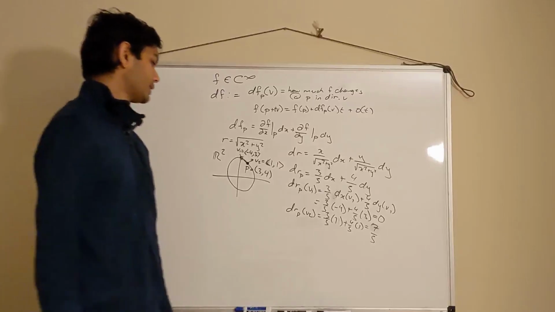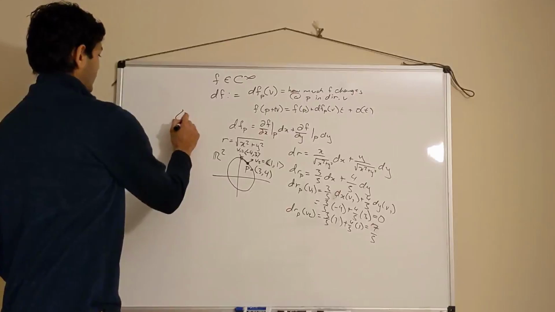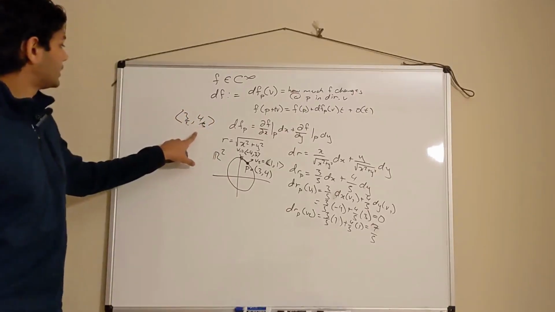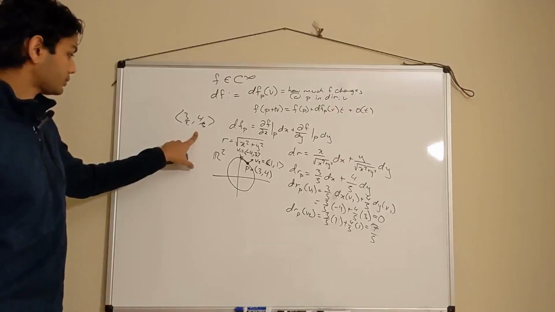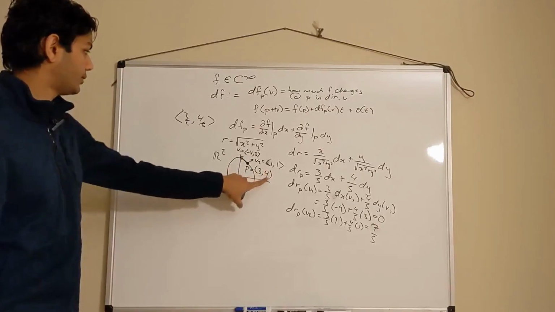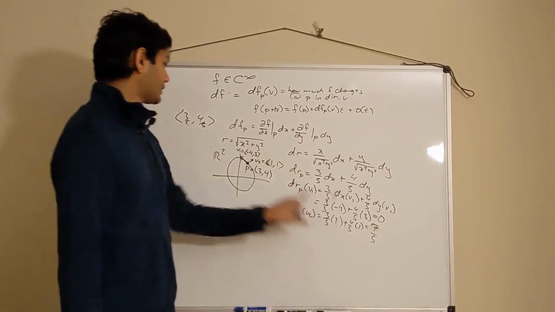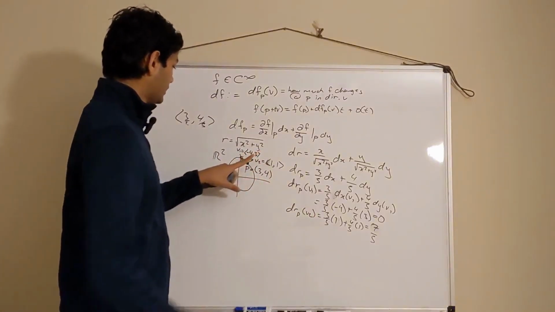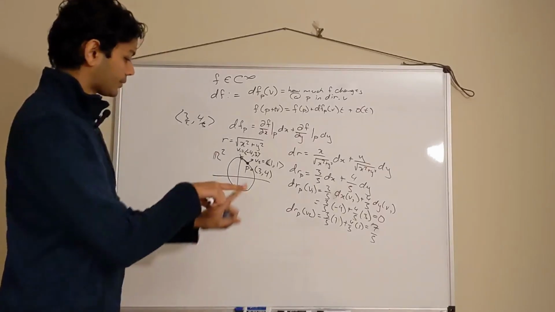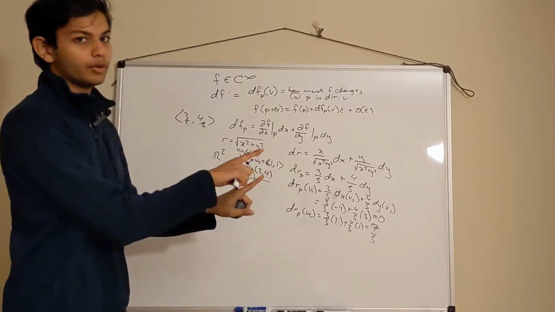Well, you may realize by now that the vector (3/5, 4/5) looks like the normal vector to the circle at the point (3, 4). And indeed it is. And so what this is doing is taking the inner product of the normal vector with the vector v2. And so it's saying how much of the v2 direction points away from the origin.